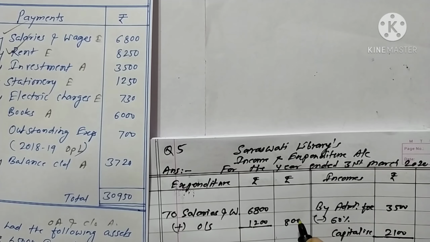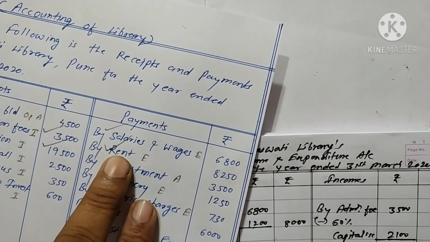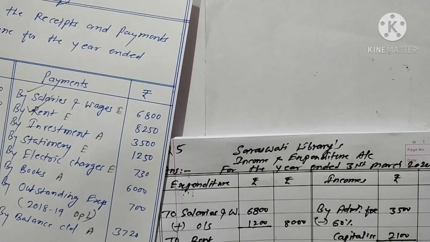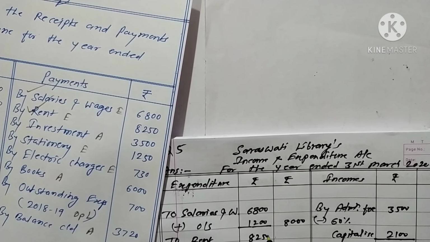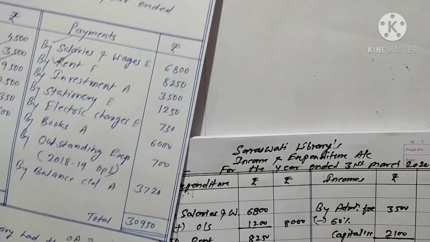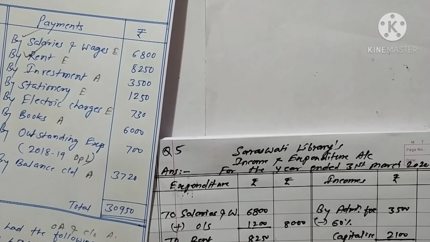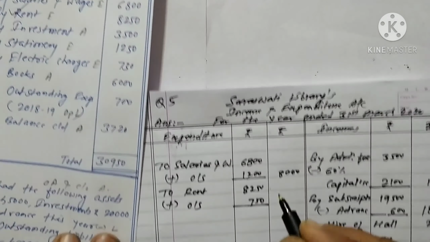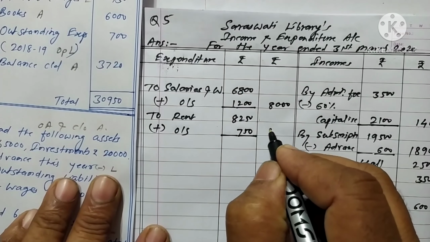Totals 8,000. Next is rent. We write here, to rent, rupees 8,250. Again we have to add outstanding rent, rupees 750. We have to add outstanding. Totals 9,000.